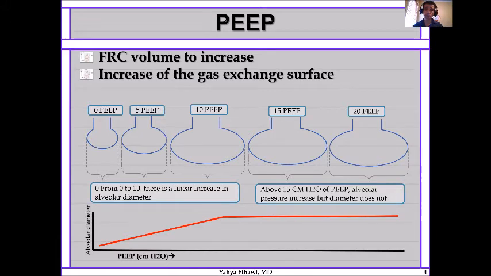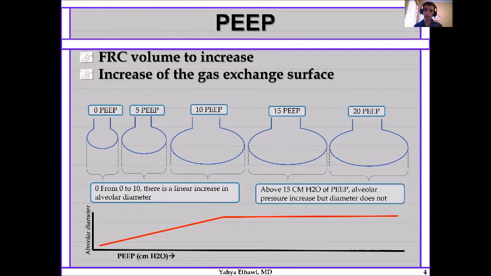The appropriate PEEP is when the volume in the alveoli is adequate to maintain a good contact between the alveolar wall and the capillaries. Because you might reach a point where you give PEEP and distend the alveoli, but you are not giving extra contact.